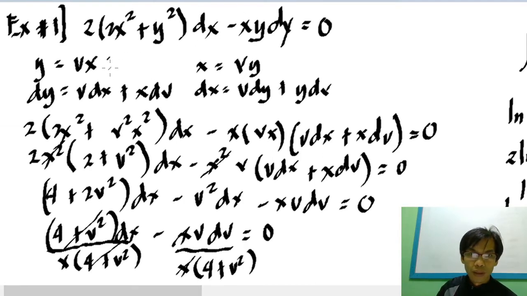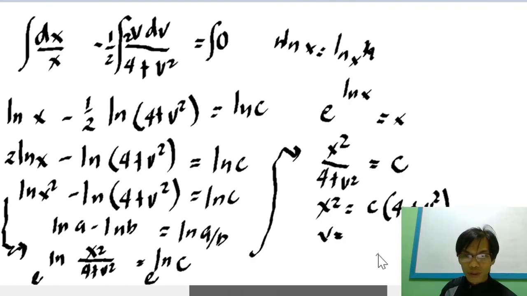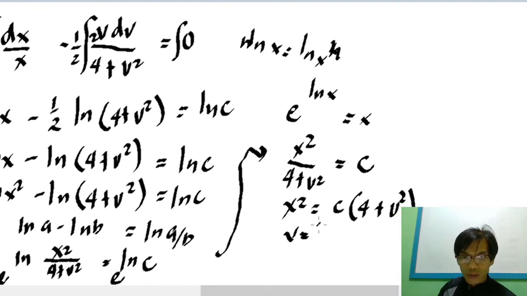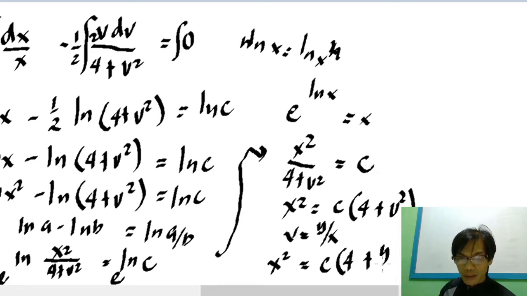Our v is equal to y over x. So we have to substitute it in here. So our v is y over x, such that our x squared is equal to c times 4 plus y squared over x squared.